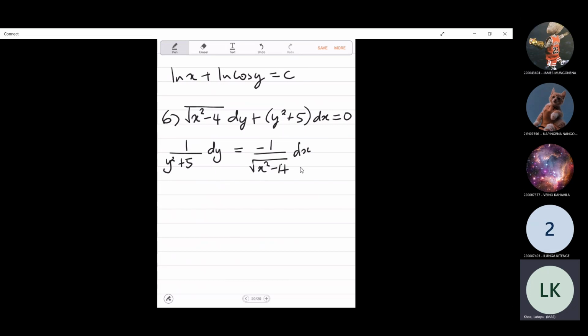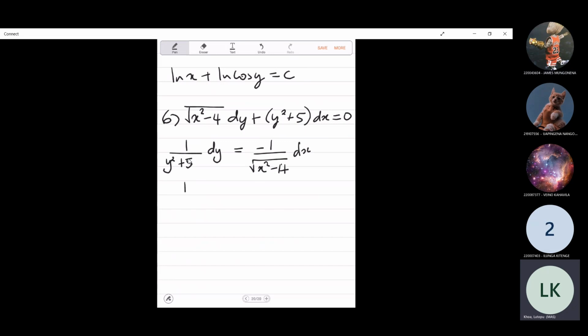So we can just integrate here. To integrate this one, I have y squared plus 5. You should be thinking of tan inverse here. But we know tan inverse has to be something squared plus 1. So I need to factor out 5 here.